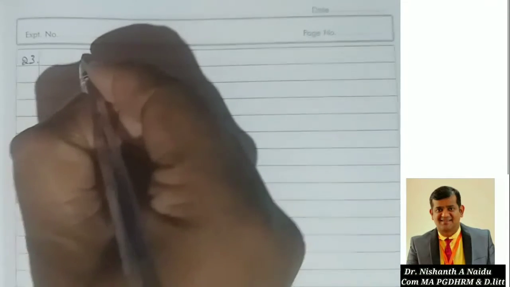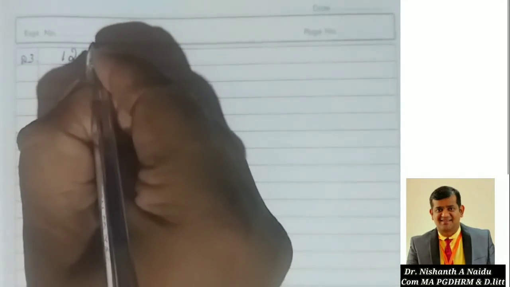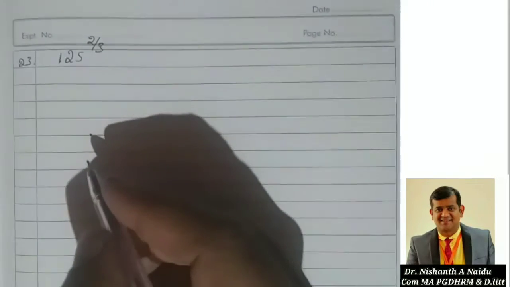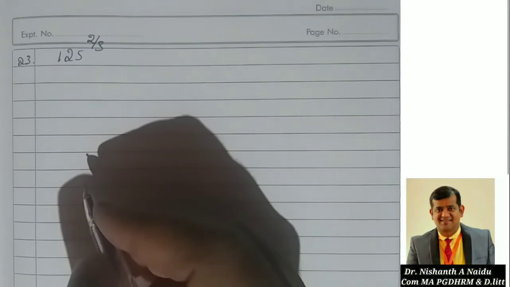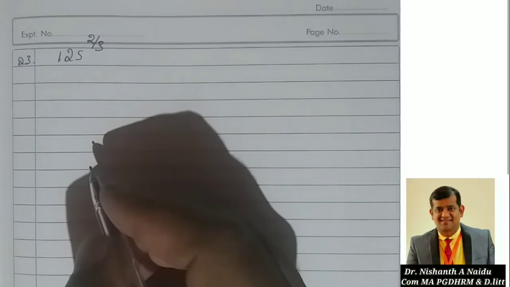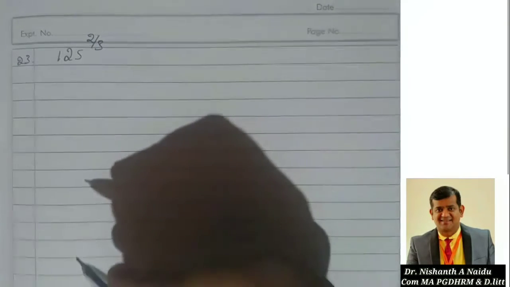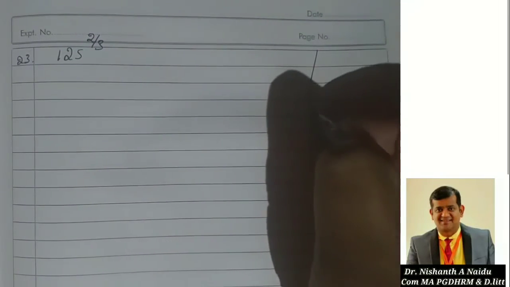23. Problem number 23 is 125 to the power 2 divided by 3. So obviously what you are supposed to do now? LCM. So you have to do the LCM. So LCM, I'm going here.